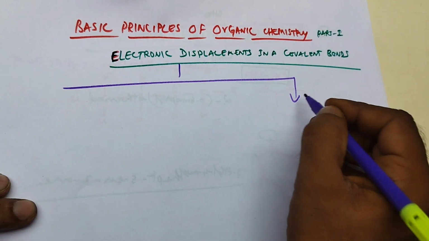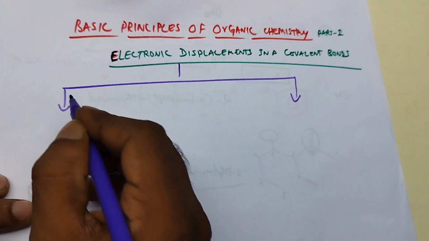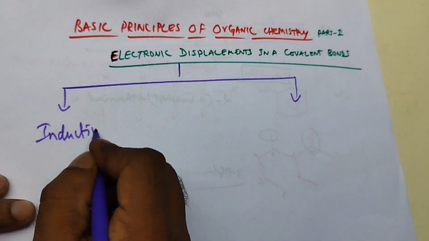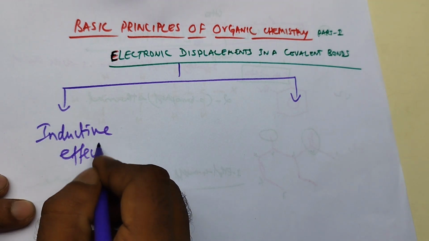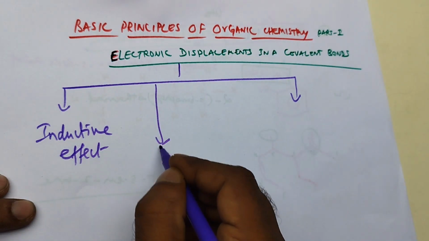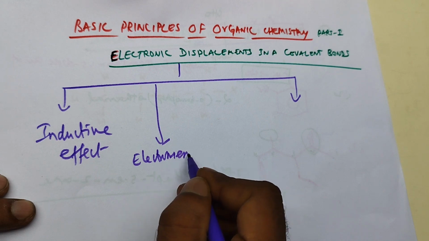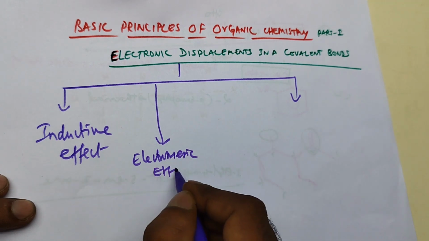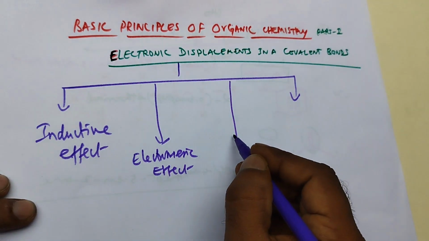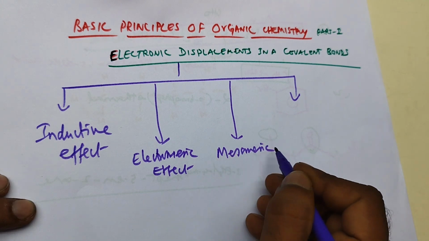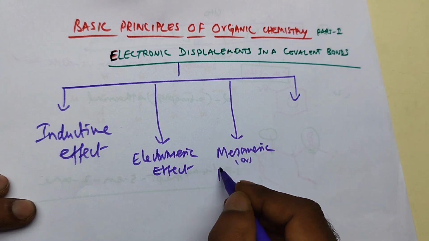What are those 4 electronic effects? First one is the inductive effect. Second one is the electromeric effect. Third one is the mesomeric or resonance effect.